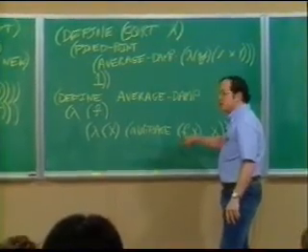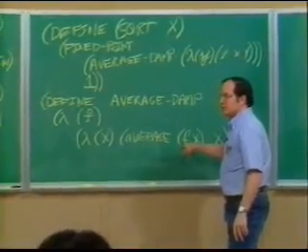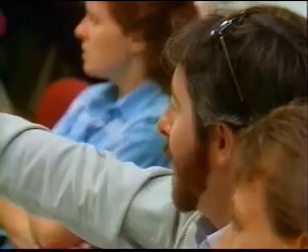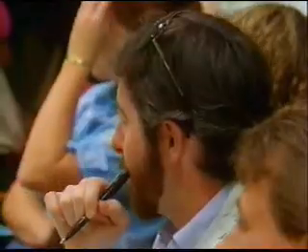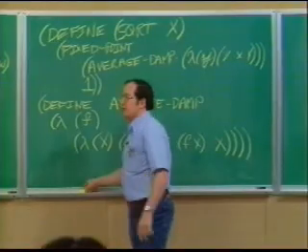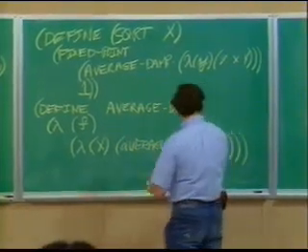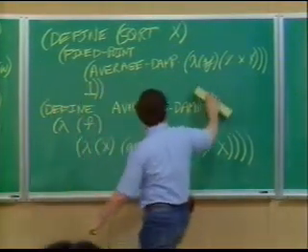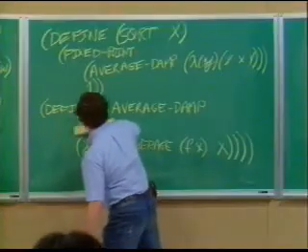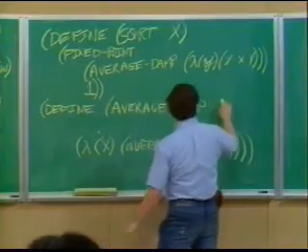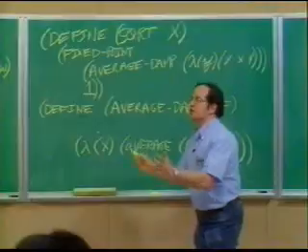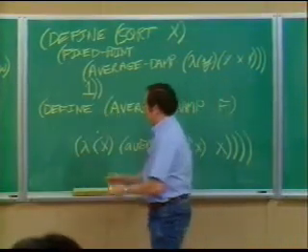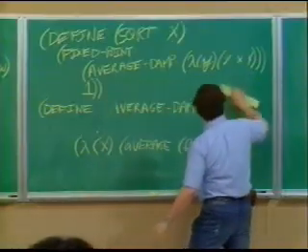It's indeed true that f must have a formal parameter. Let's find out what f's formal parameter is. Oh, f is the formal parameter of average damp. I'm sorry. You're just confusing a syntactic thing. I could have written this the other way. I'm sorry, I didn't understand your question. Of course I could have written it this other way. Those are identical notations. This is a different way of writing this.